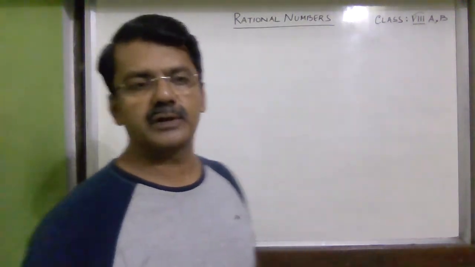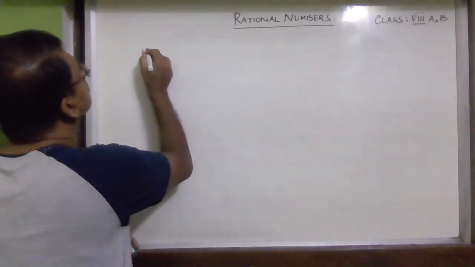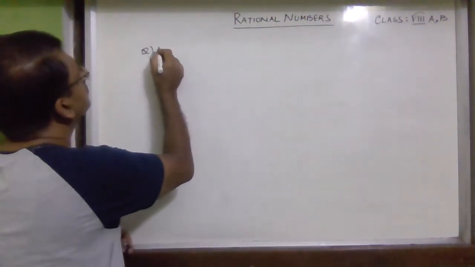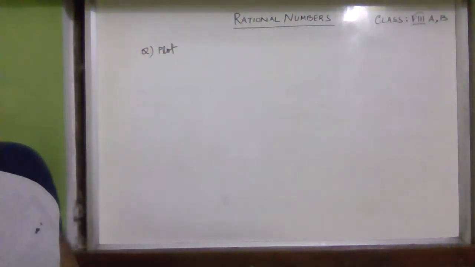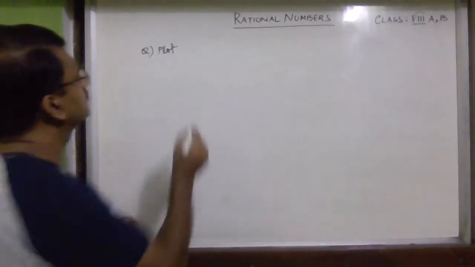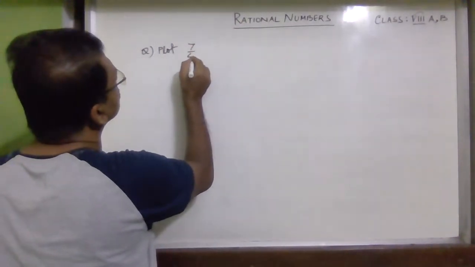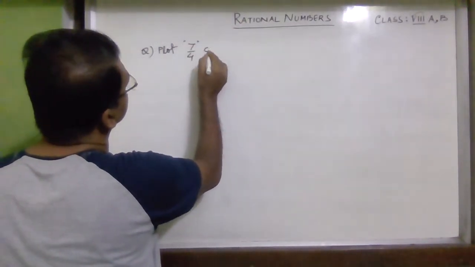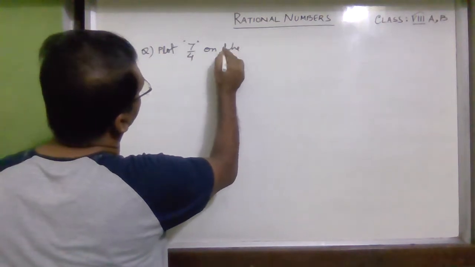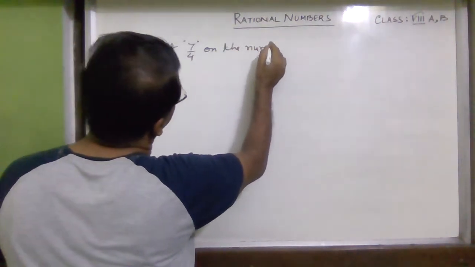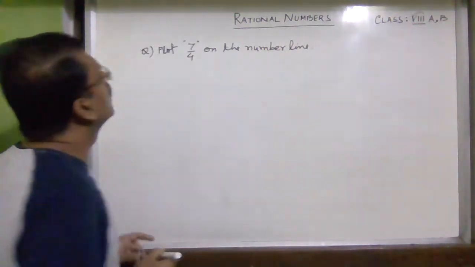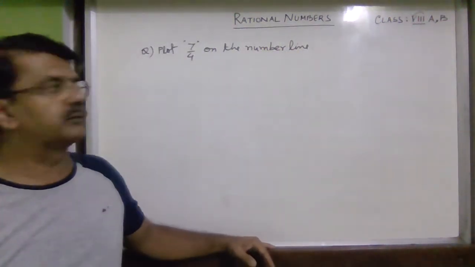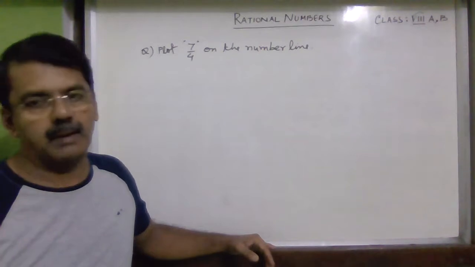So the first question for the day: plot or represent 7 upon 4 on the number line.